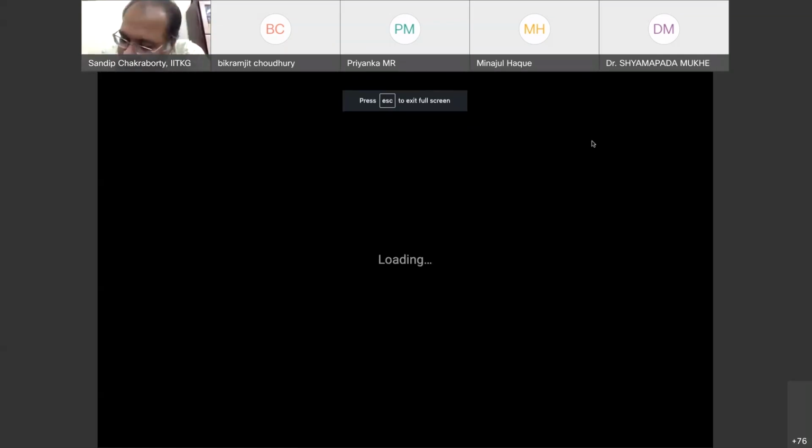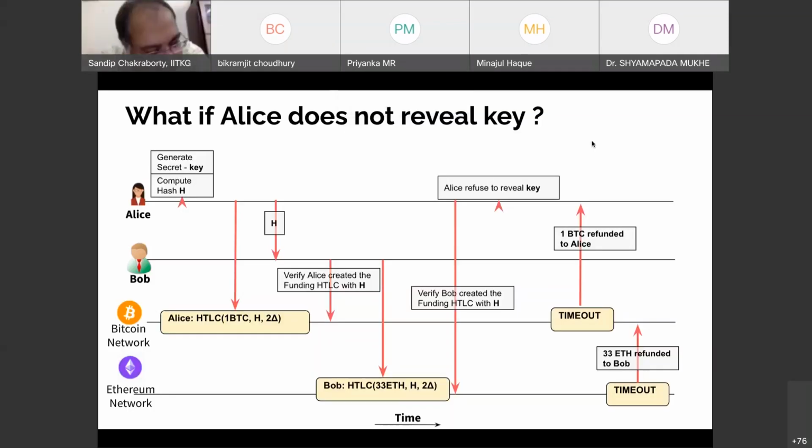So, is there any set of tampering that could occur in this line while sharing the hash or verifying the code which is being created for fund sharing? Is there any chance of tampering from the Bitcoin blockchain to the Ethereum network? 2 different networks, right? 2 different cryptocurrencies. So, is there any tampering that could happen in real time?